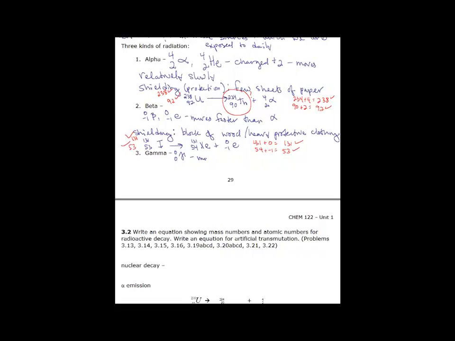Gamma moves at the speed of light. So in order to protect yourself from gamma radiation, you need a block of lead, Pb, several inches thick.